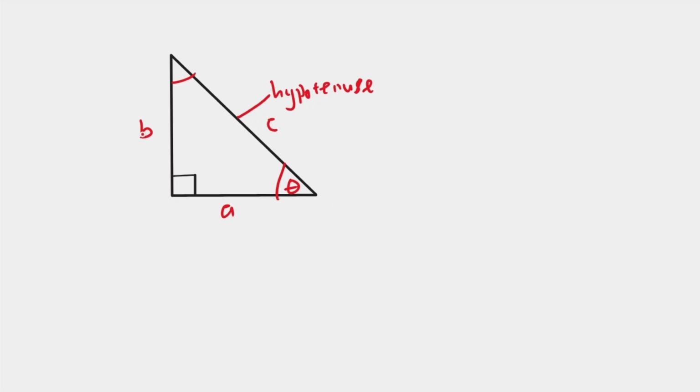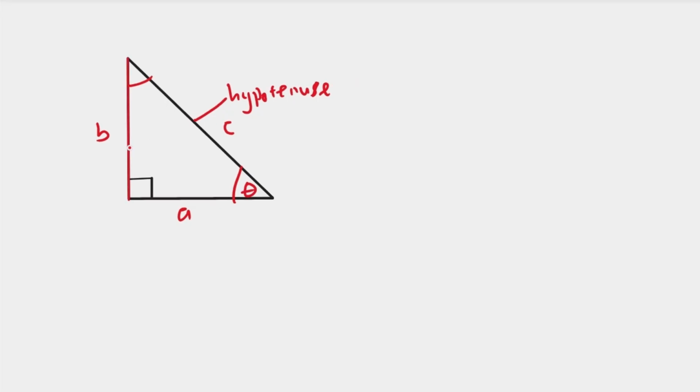Let's see something. This side B faces the acute angle. Now this side A is adjacent to the acute angle. So you can say that A is adjacent to this because they're on the same line, or it is next to that. So we see it is adjacent to the acute angle.